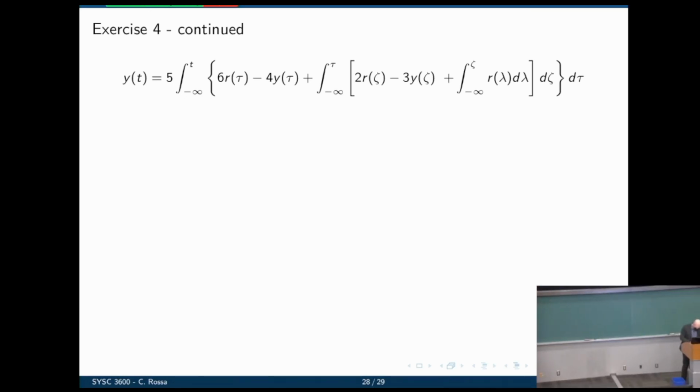So let's give it a name. Let's call this R of t. We could do R of s. Let's do R of t. And this is already integrated right away. We are integrating this.